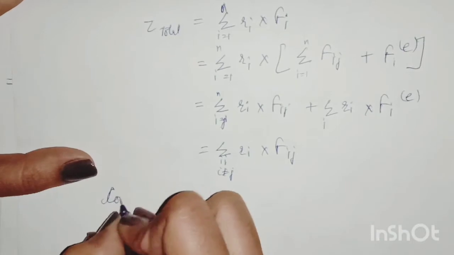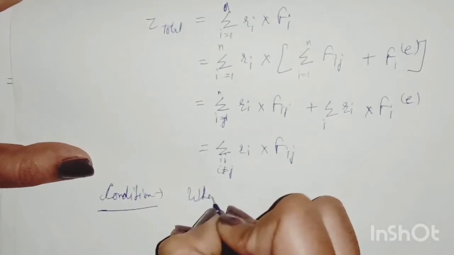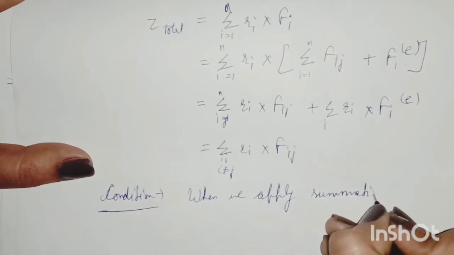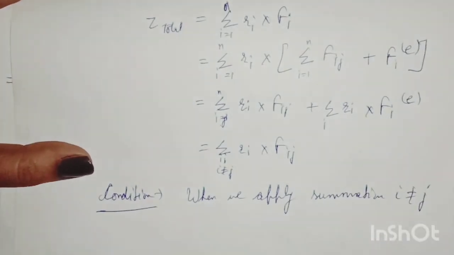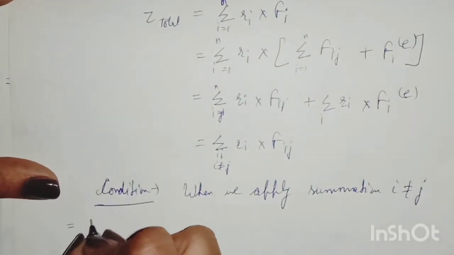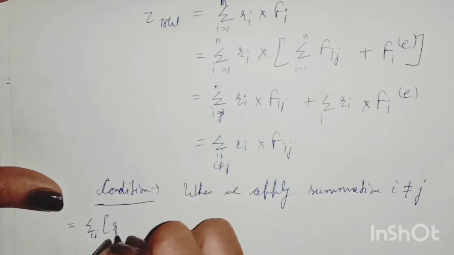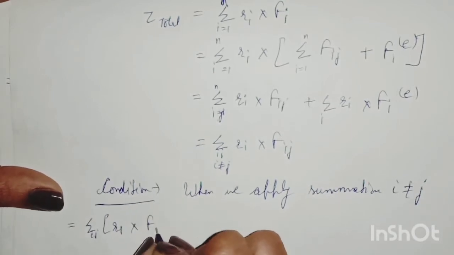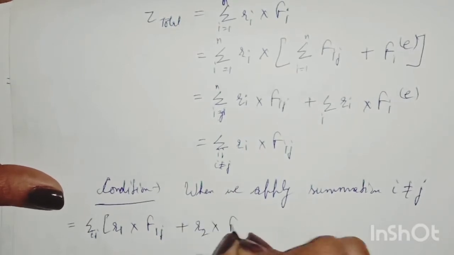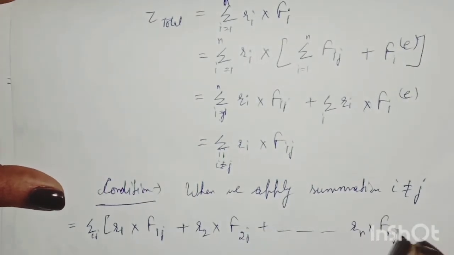Condition: when we apply summation with i not equal to j, we can write R1 cross F1j plus R2 cross F2j and so on, Rn cross Fnj.